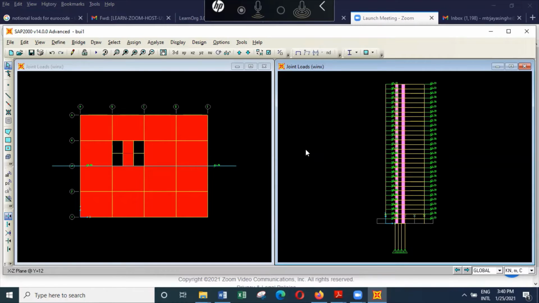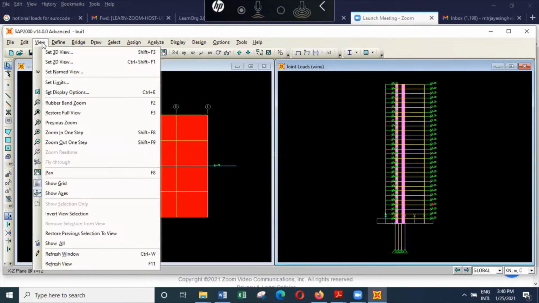And similarly in the other direction also you can apply those values, and we'll very quickly apply some values.